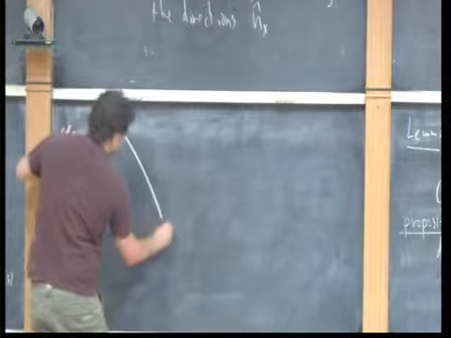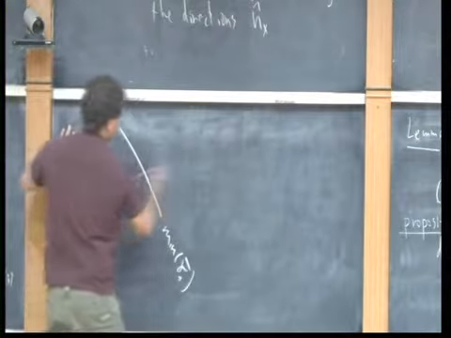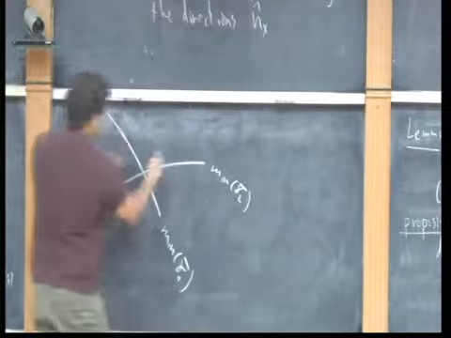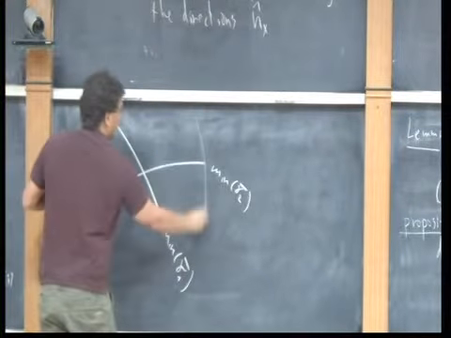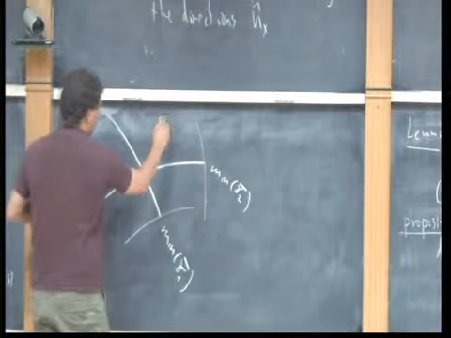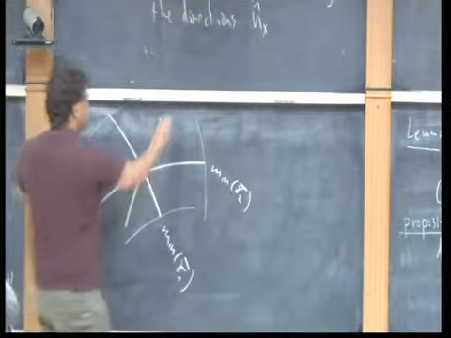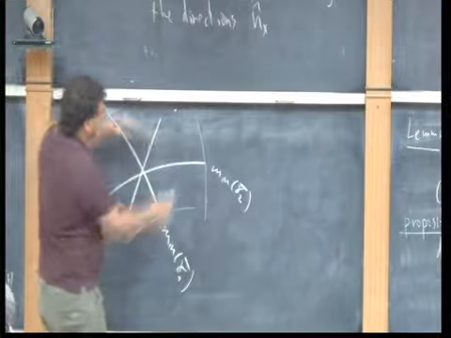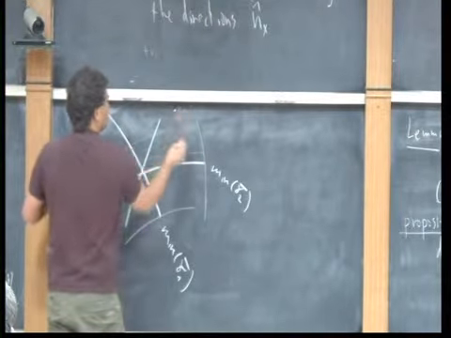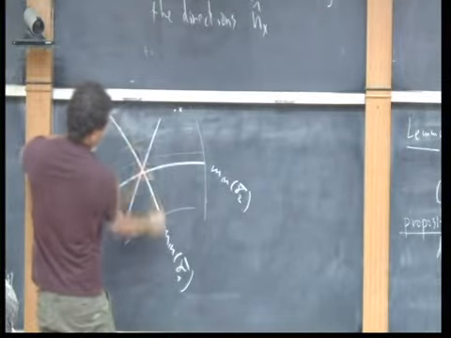But here, suppose this is min of gamma 1, and it intersects min of gamma 2. Maybe they intersect on, so this is a flat, and this is a flat, and they intersect along a line. So this is the intersection. And you have some point x, which is not in this, and is not in this.